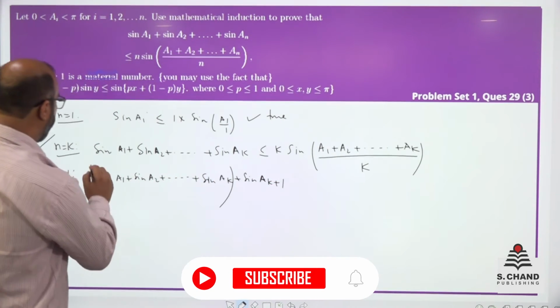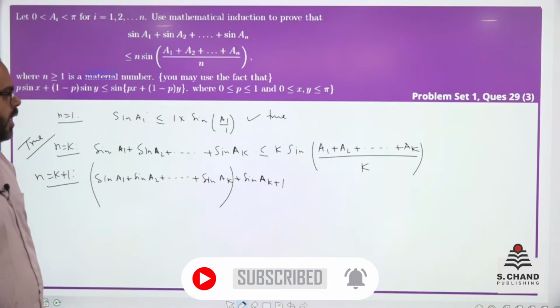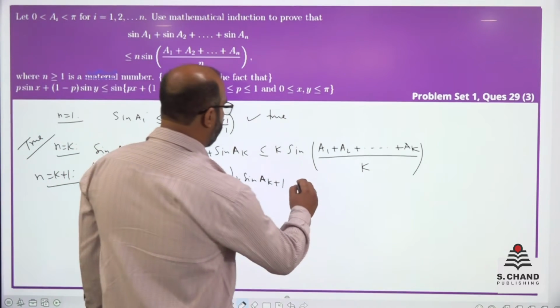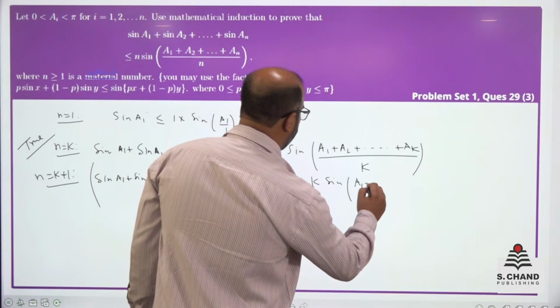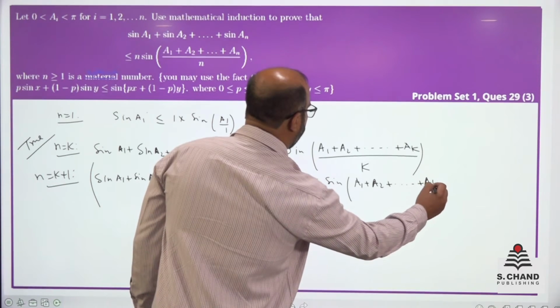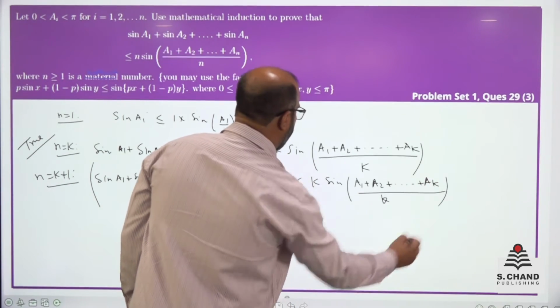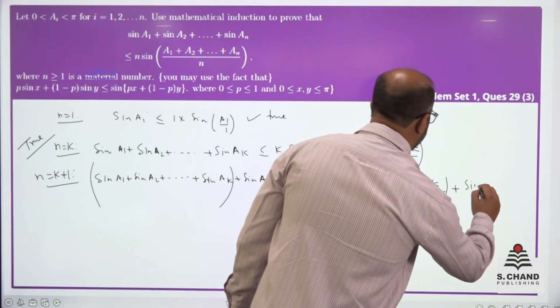Now from here to here, this is already, from the principle of mathematical induction, the induction hypothesis, less than or equal to k times sin of (A1 plus A2 till Ak) by k, plus sin A(k+1).